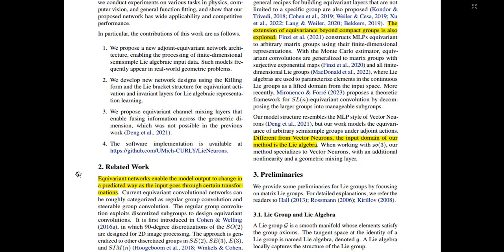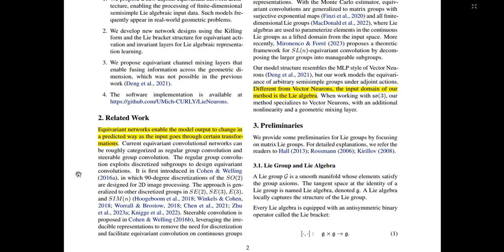So the notion of equivariance is that it enables the model to output a change in a predictable way. When we change the input, the output is changed in the same way.